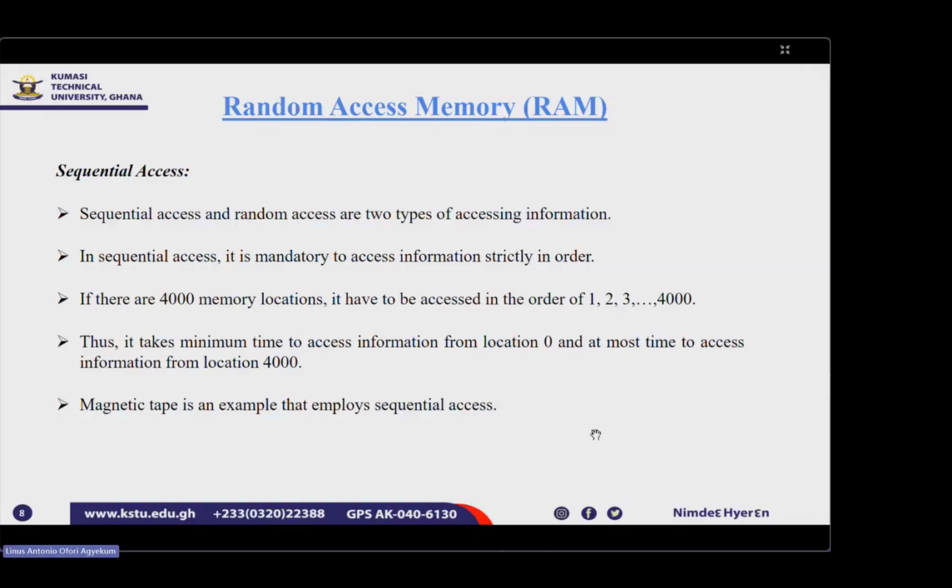So it can only be read from one location to the next location. So assuming there are 4,000 memory locations within a RAM, it has to be accessed in the order of 1, 2, 3, 4, up to the 4,000th location within the RAM.